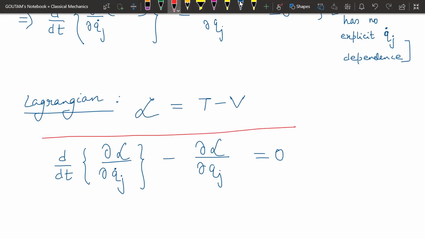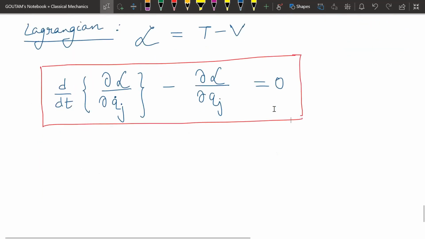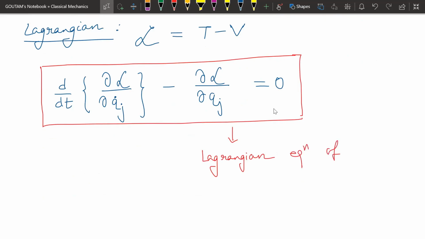This is called the Lagrangian equation of motion, or Lagrange's equation of motion.